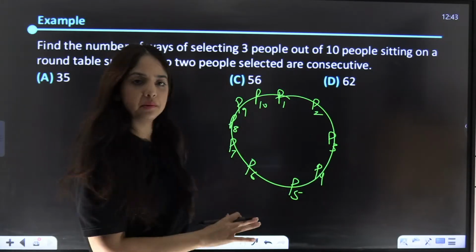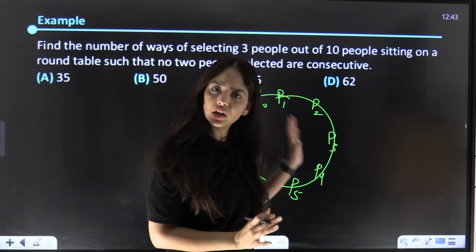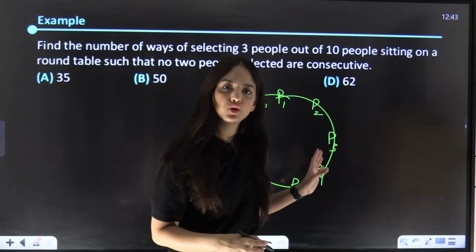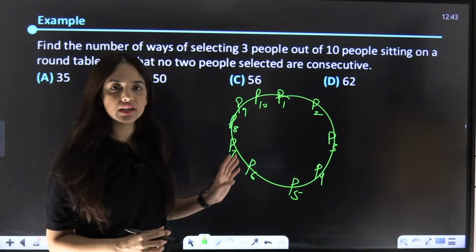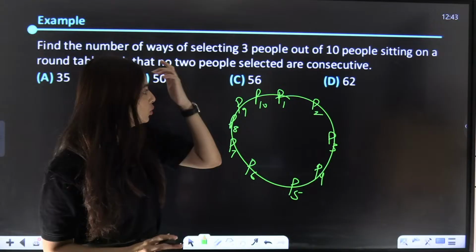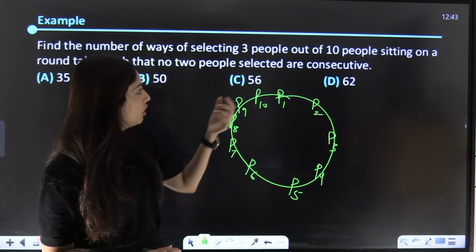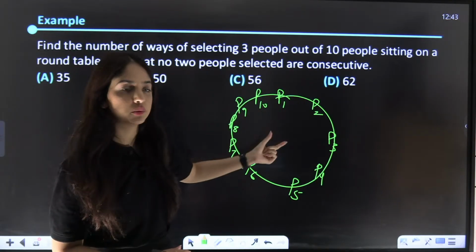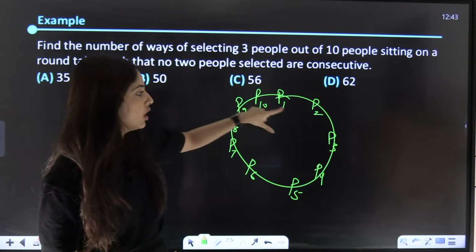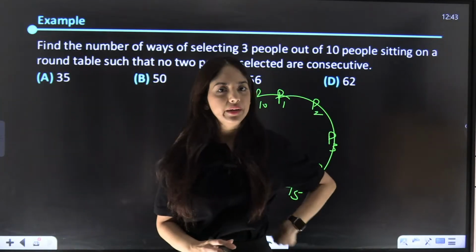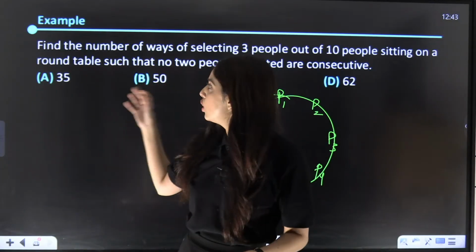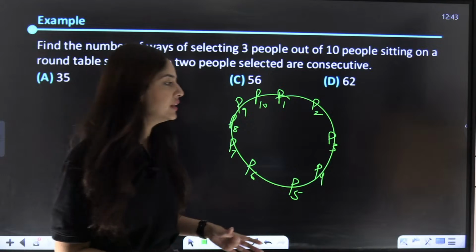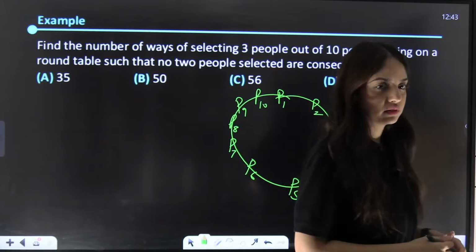We just have to pick 3 out of these such that no 2 out of those 3 are sitting adjacent to each other. If we pick P1, then we cannot pick P2 or P10. Okay? So, just try it once and then we'll discuss the solution.